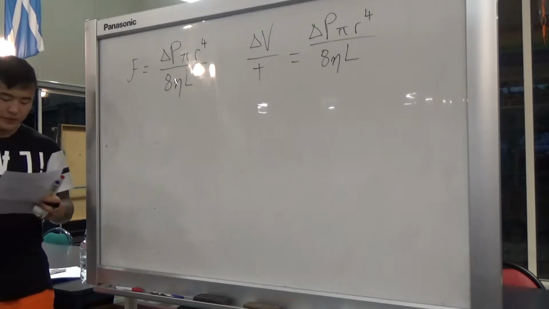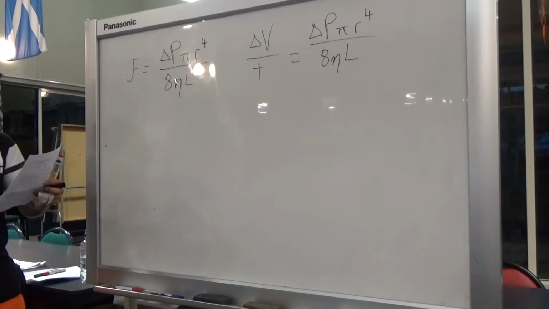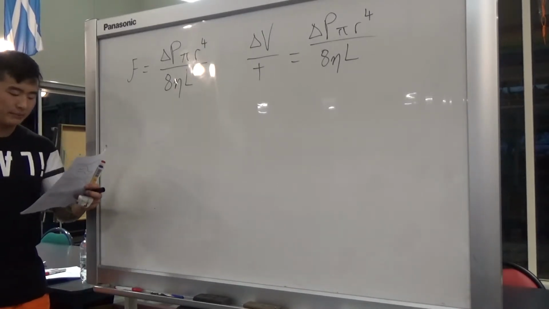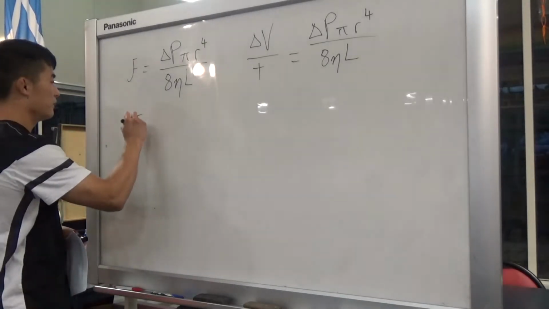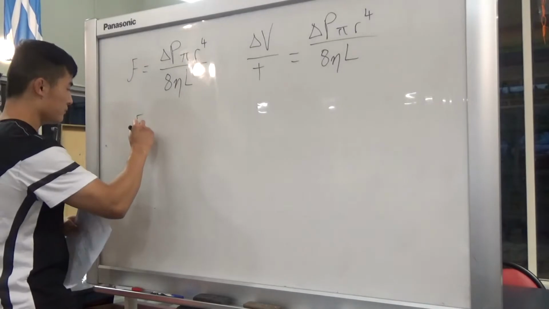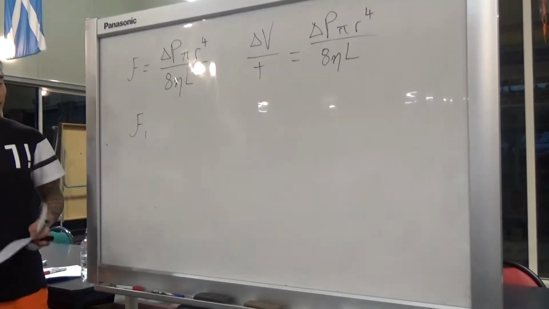Okay, so here we want to increase the volume flow rate to 3 times its current rate. So let's say that the current rate is flow rate 1, okay? And we don't know what that is, okay?